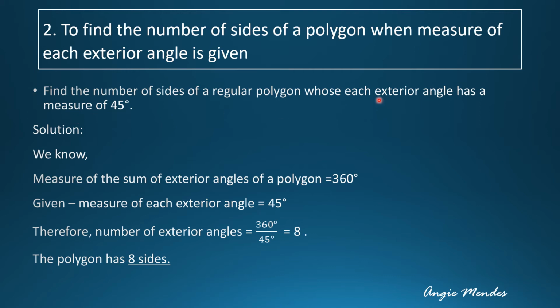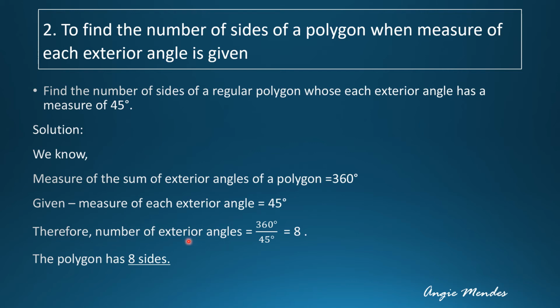So we know that every exterior angle of this polygon has a measure of 45 degrees. We also know that the sum of exterior angles of a polygon is 360 degrees. So writing what we know and what is given, that each exterior angle is 45 degrees, we will proceed further to find the number of exterior angles.